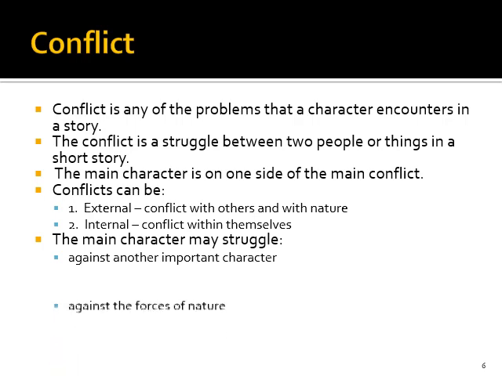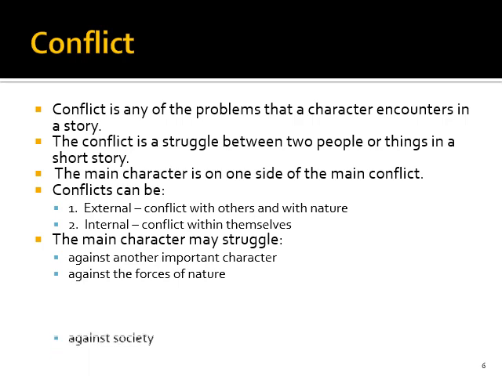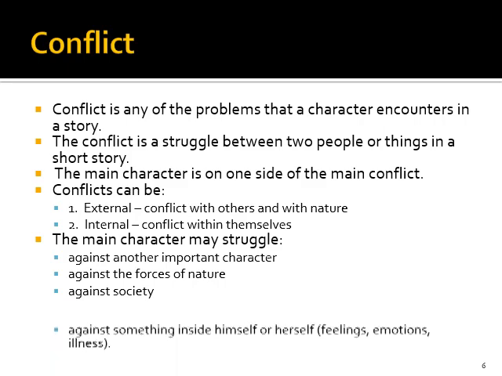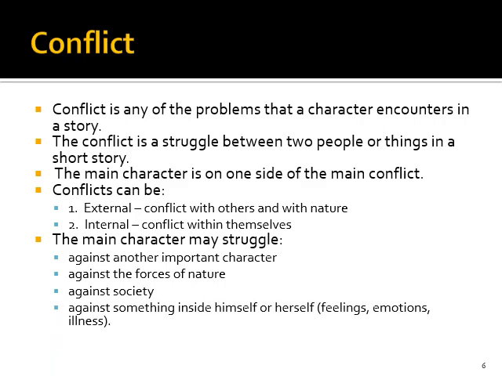Conflict has two different types: the internal conflict and the external conflict. External conflict means the problems or conflict between other characters, and internal conflict is the conflict within oneself, with himself. For example, Hamlet's conflict, "to be or not to be," is an internal conflict.